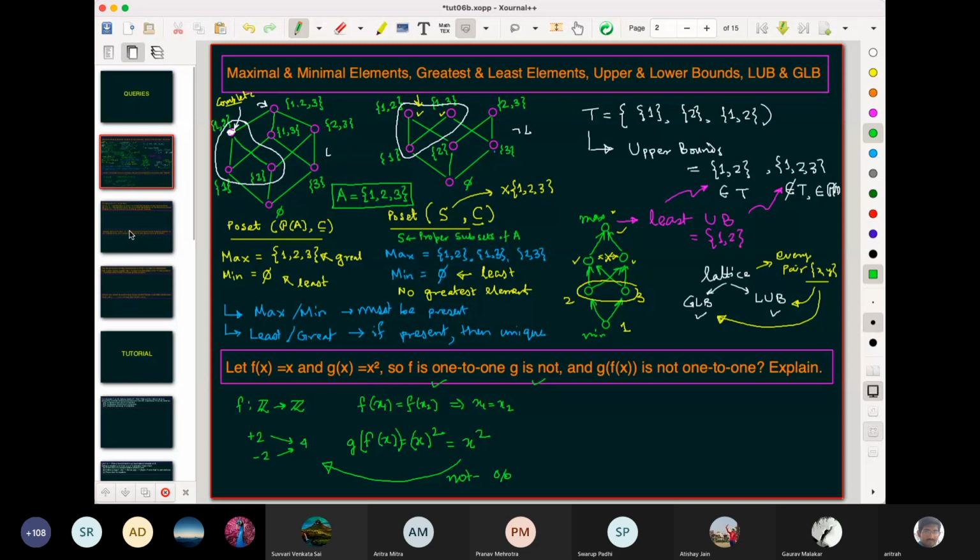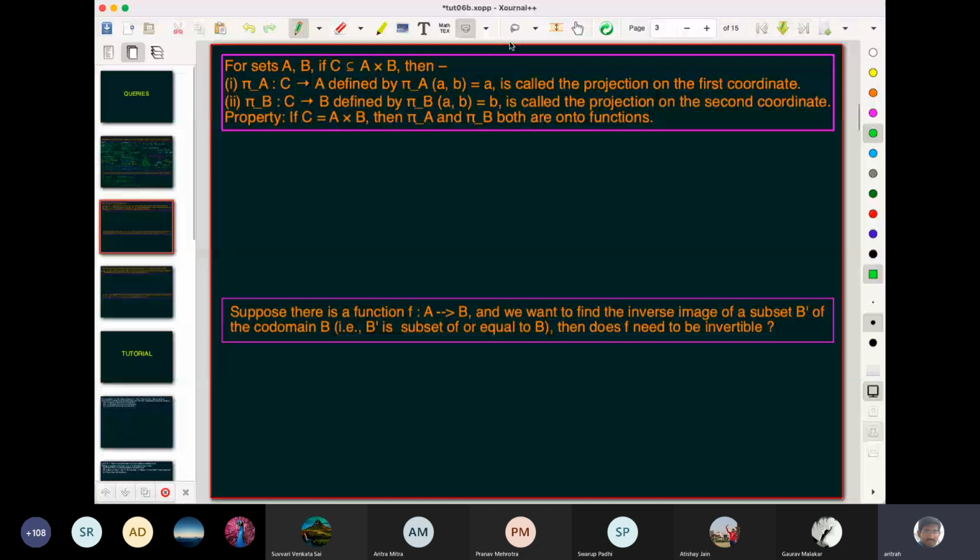Anyway, there is a question about the projections that we have defined. Projections you can visualize this way. Let's say I am projecting a 2D element like this. Suppose this is your x-axis, this is your y-axis, and you have an xy coordinate. Projection means you project it onto only the x coordinate, that is this π_A relation, projection onto the first coordinate.